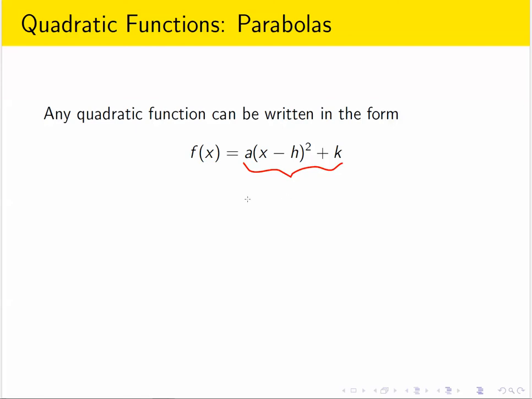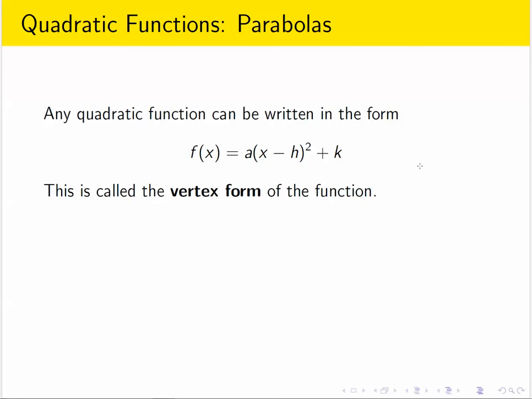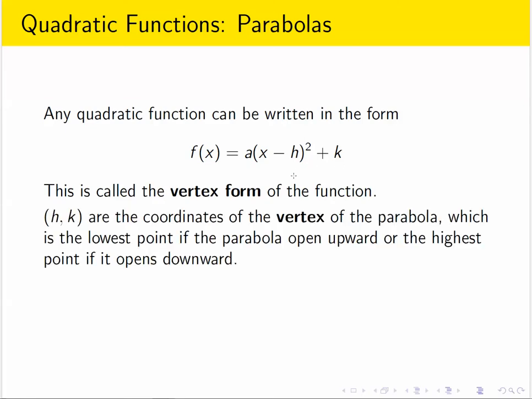So if I want to rewrite the function in this form, I call it the vertex form, and that's because these numbers h and k, those are the locations of that point that's lowest if the parabola opens upward, or as we'll see in the next example, the highest point if the graph opens downward. We call that point the vertex.